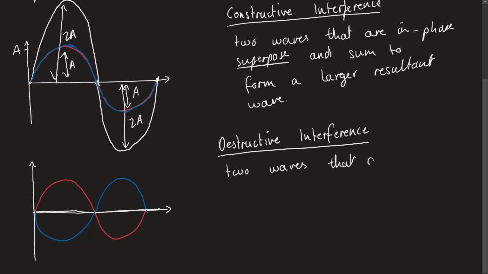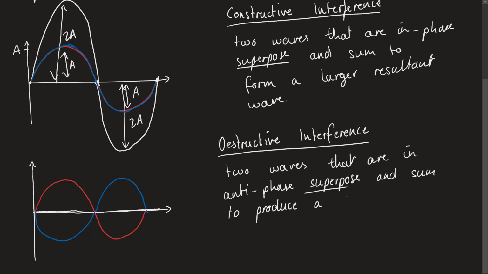that are in antiphase superpose, so they're still combining, and sum, because we're still adding, but we're adding a positive and negative number to produce no light, or let's say no resultant wave, because this could span to be many more things.